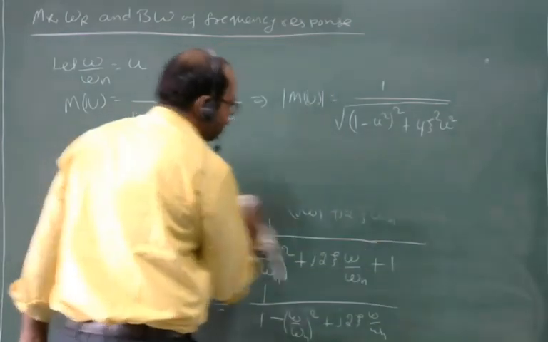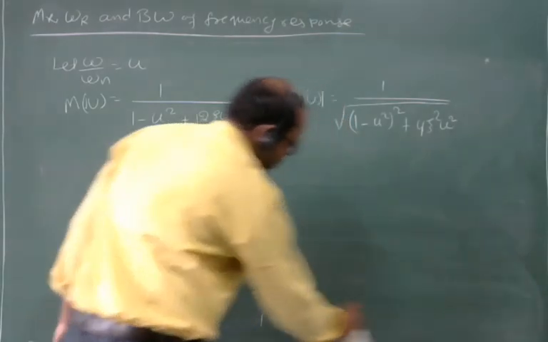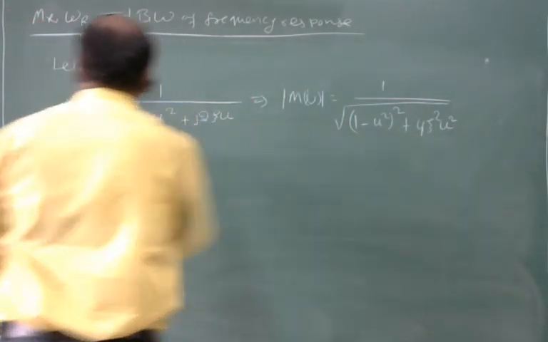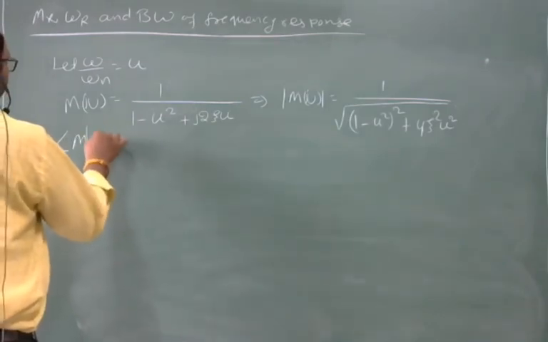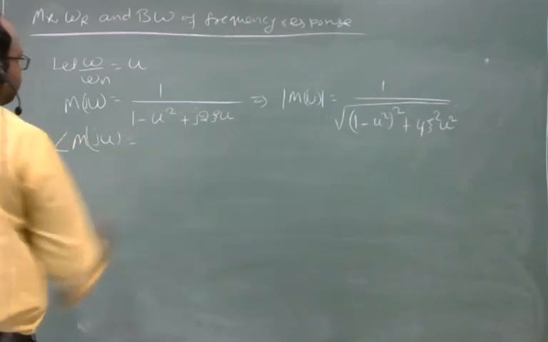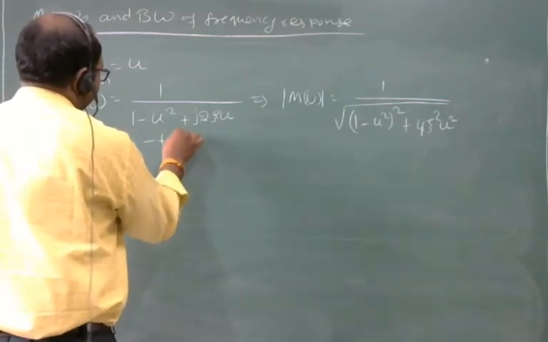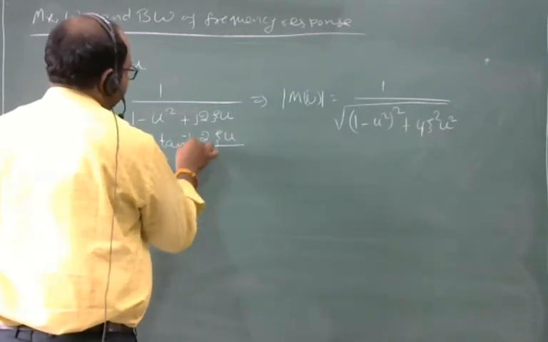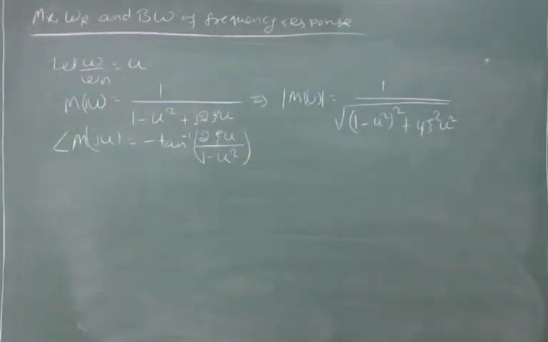And the angle of mju is equal to minus tan inverse of 2 zeta u divided by 1 minus u square, right?